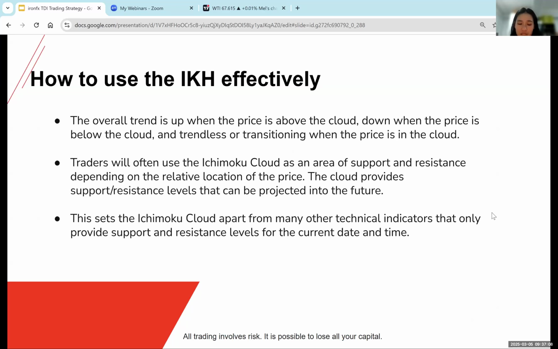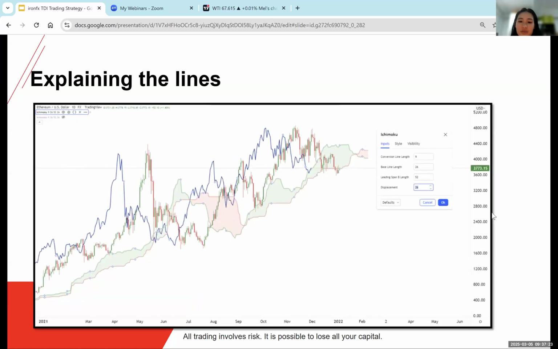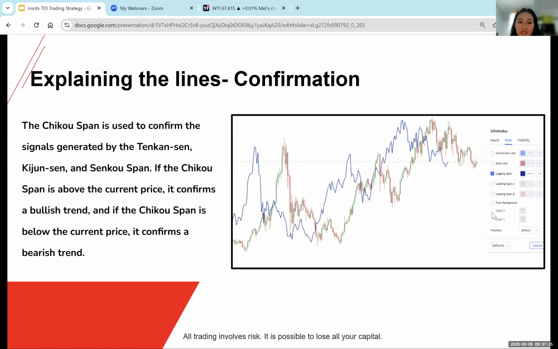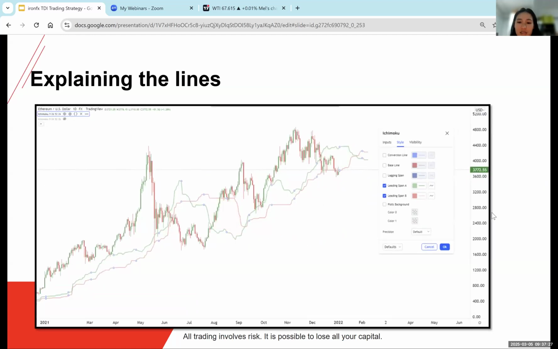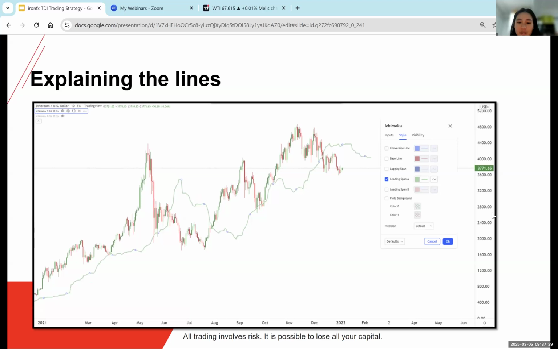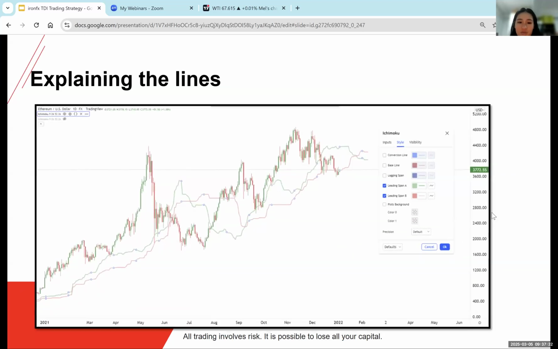So the overall trend is up when price is above the cloud, and it's down when price is below the cloud. And it's trendless or transitioning when price is within the cloud. Okay, so that's, I think, a lot easier to use than if you had to memorize all of these lines and figuring out whether it's above or below, so on and so forth.